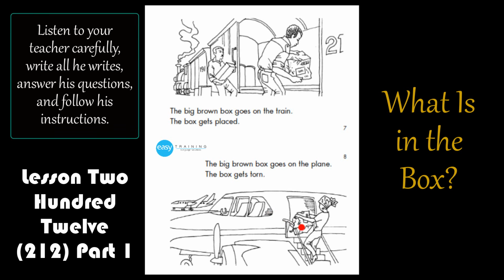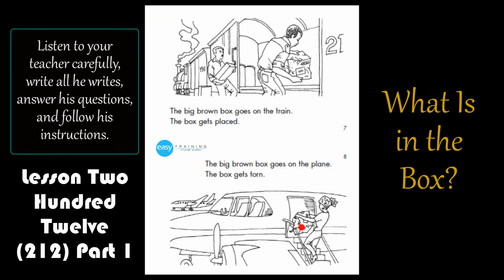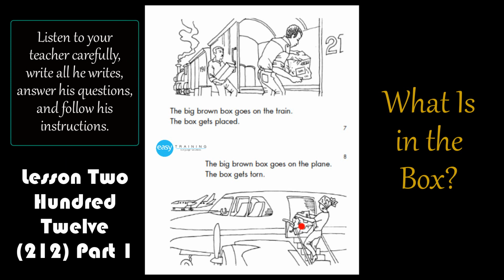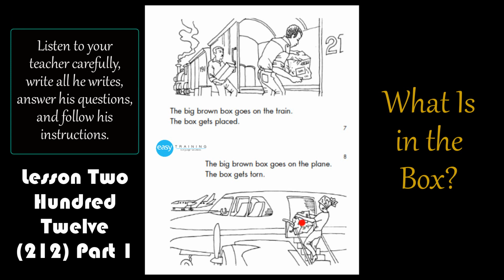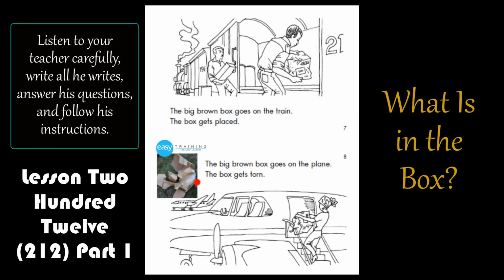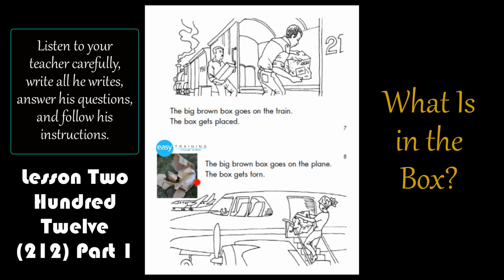You see here? The box gets torn. Let me show you the picture of another box being torn so that you have a clearer idea what this box is like now. Here is the picture of a box that got torn.